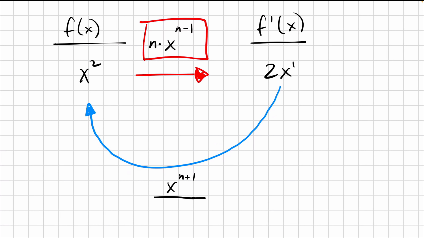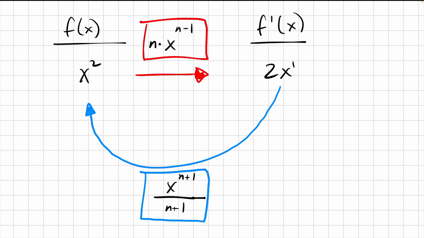The new exponent is n plus 1. That right there is the power rule for antiderivatives. It's got addition and it's got division, versus multiplication and subtraction.